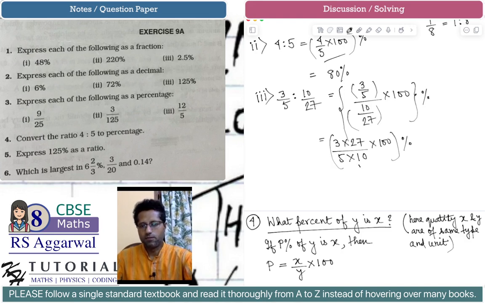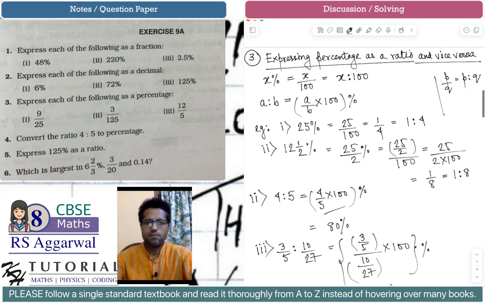I am not doing the simplification of the expression inside the bracket. After doing the simplification, whatever the value will be, that percentage is the equivalent percentage of the ratio 3 by 5 is to 10 by 27. I hope it is clear how we express a percentage as a ratio and vice versa.